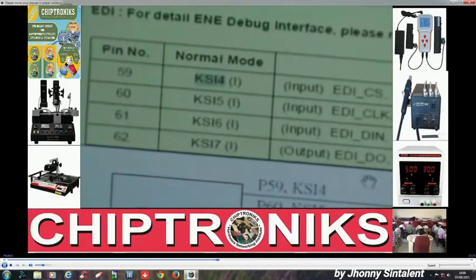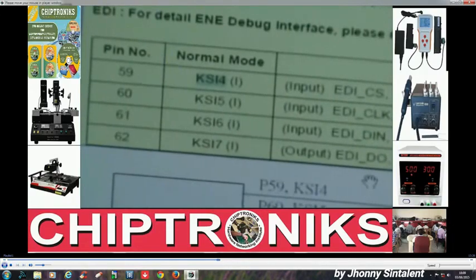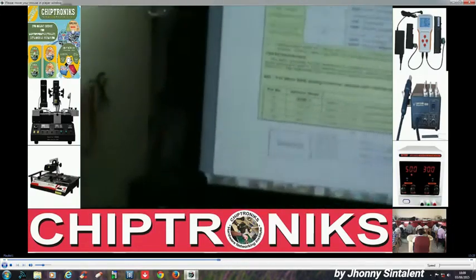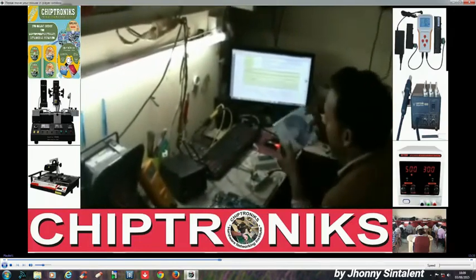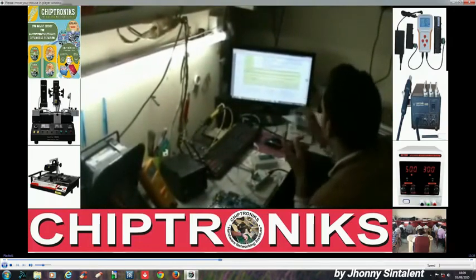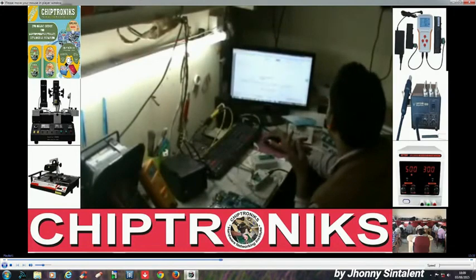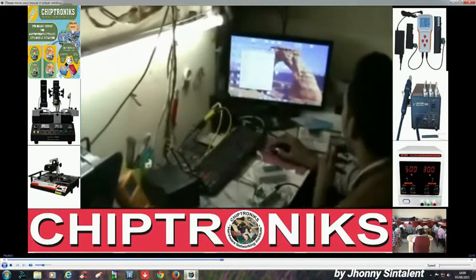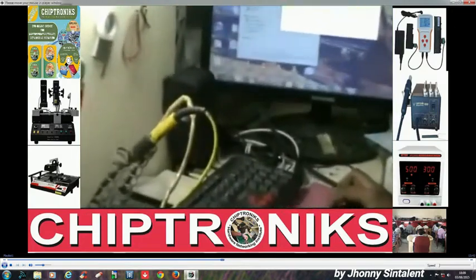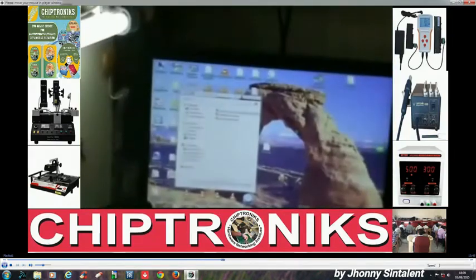Now what we have to do is, here you can see this RT809F copier. It comes with CDs, so we can install the software, and I have already installed the software of RT809F. Let us open it.